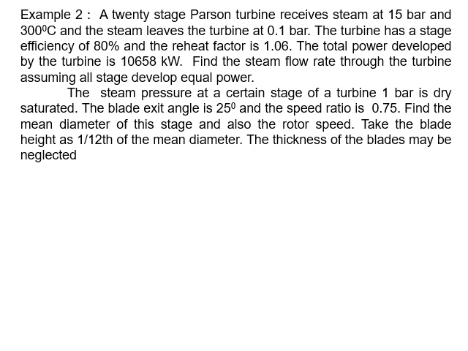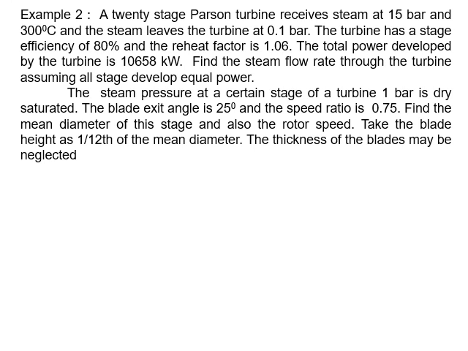The turbine has a stage efficiency of 80% and reheat factor is 1.06. The total power developed by the turbine is 10,658 kilowatt. Find the steam flow rate through the turbine, assuming all stages develop equal power. So that is the first part of the numerical.